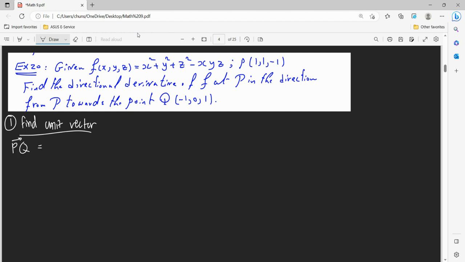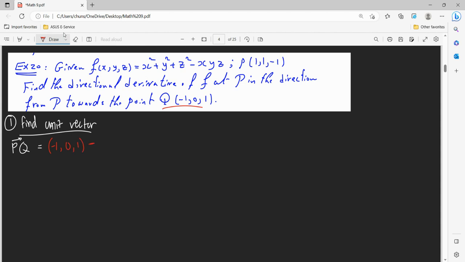This is equal to our Q minus our P values for our x and our y. Okay, hold on, I can write this out better. So for Q, it's going to be Q minus P. So this is 1, 0, and 1.